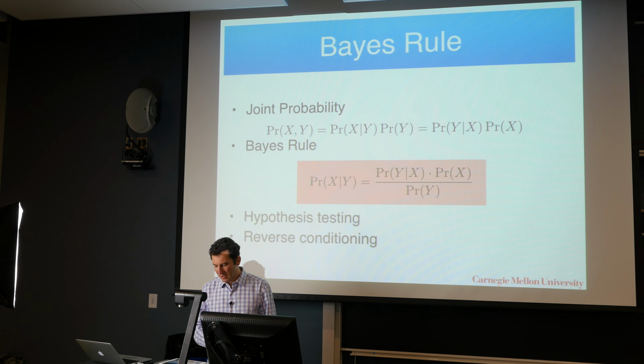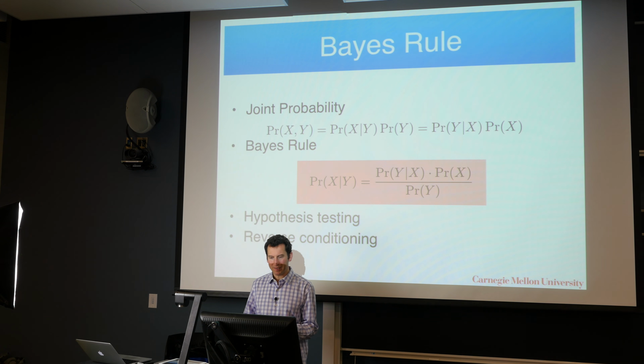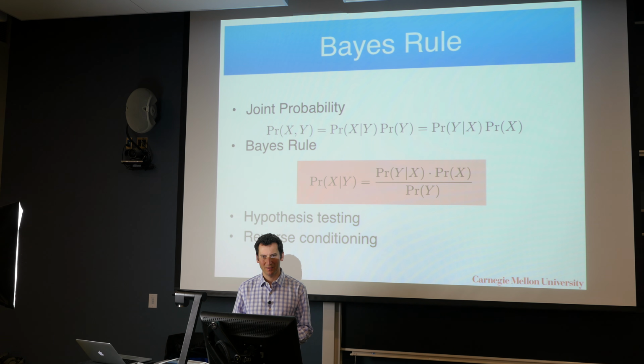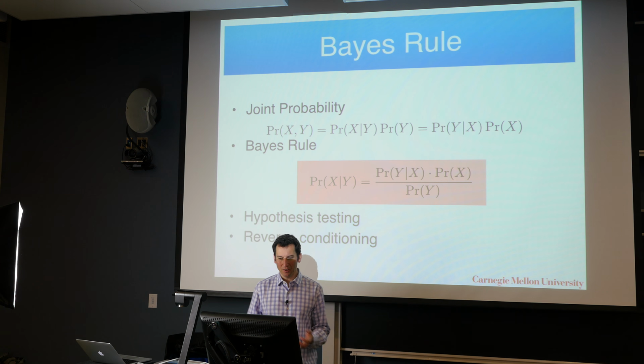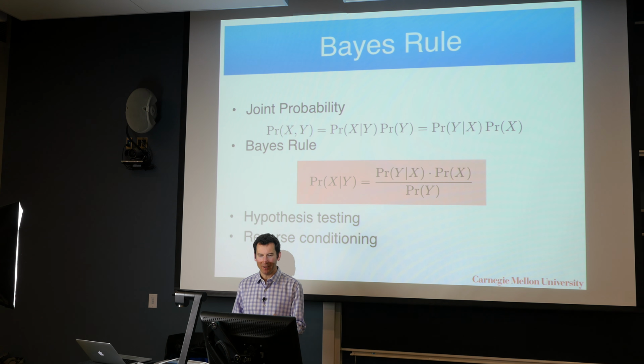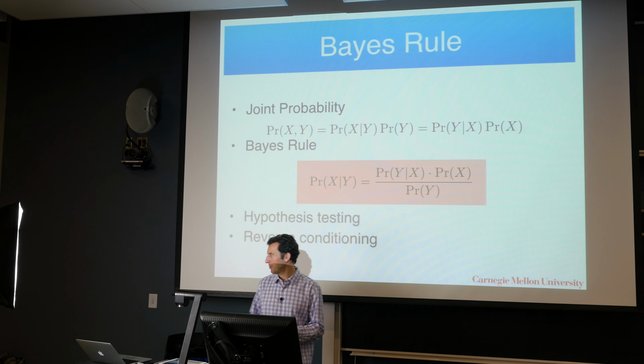Okay. So if I have the joint probability P of x and y, I can write it as P of x given y times P of y. I can also write it as P of y given x times P of x. Just by symmetry, because there was nothing special about x and y, I can write it in both ways.